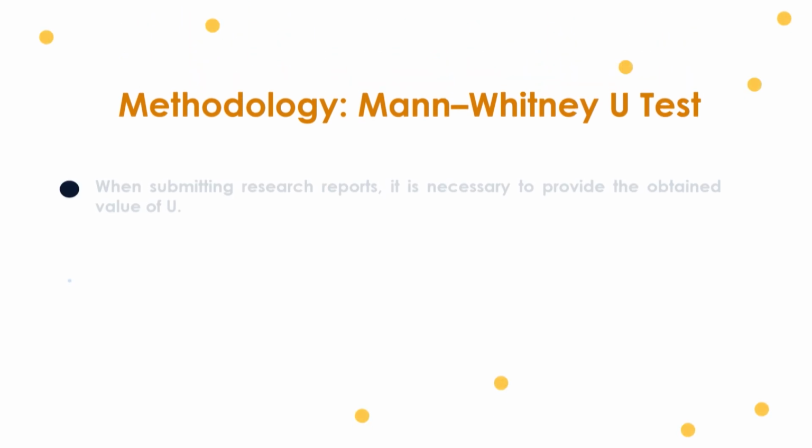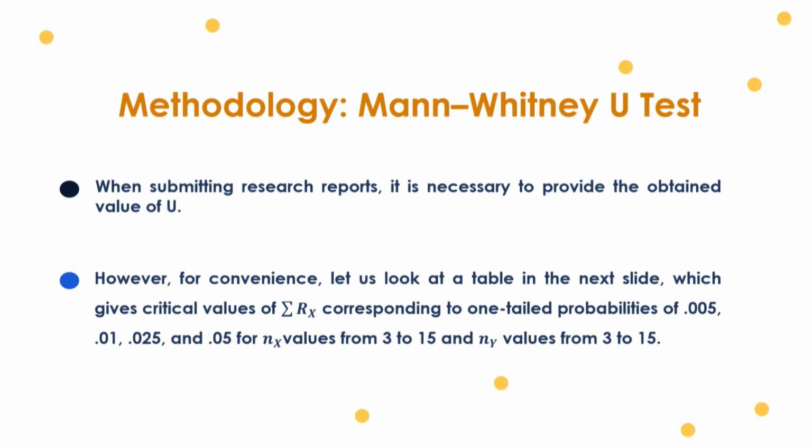The next step is to report the result based on the obtained value of U. We have to calculate U, and only then submit the report, which gives a proper conclusion. However, for our convenience, let us look at the table in the next slide, which gives the critical value of the summation Rx for the one-tailed probability, with different values of probability like 0.05, 0.01, 0.025, and for different values of nx.